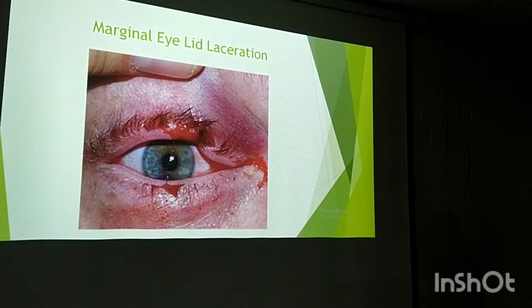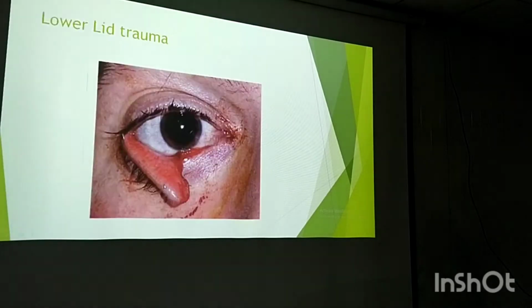Why? Because here is a tarsal plate. It is the fracture of tarsal plate. We have to secure the tarsal plate, otherwise there will be notching, especially in lower lid trauma. Here again we see this middle area having a punctum, canaliculi and the lacrimal system.